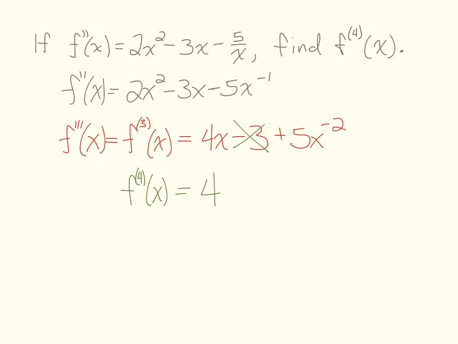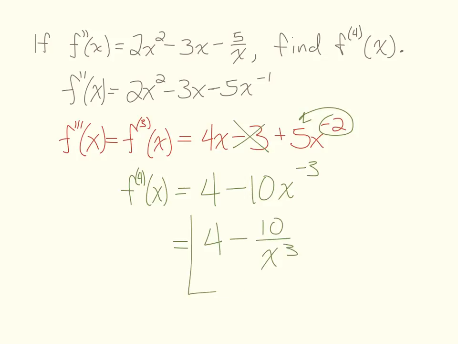And we use the power rule here, bring the negative 2 to the front, that gives you a negative 10, x to the negative third. And we do not like negative exponents in our answers, so this will be minus 10 over x cubed. There is your answer.